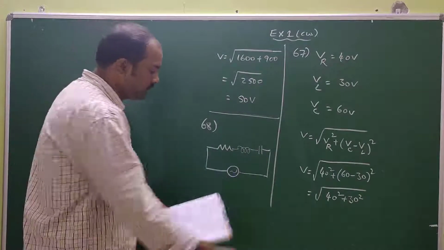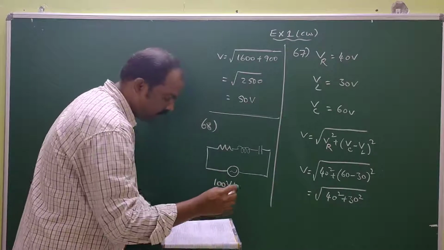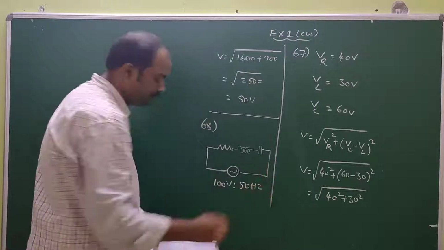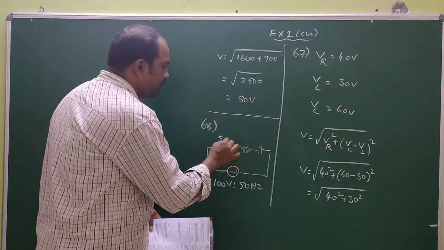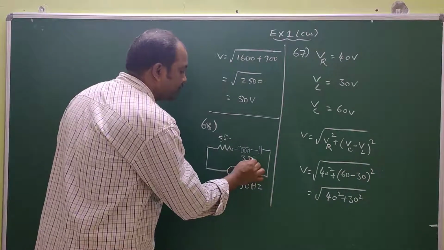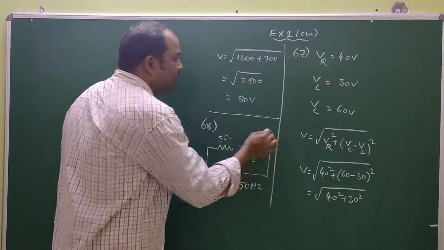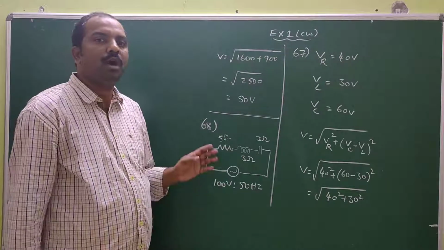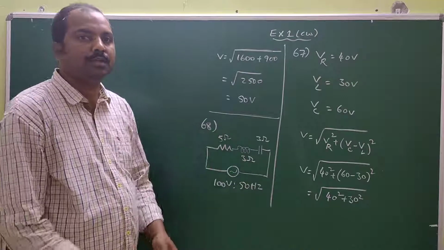They mentioned the applied potential is 100 volt and the frequency of the source is 50 hertz. The resistance is 5 ohm, reactance of inductor 3 ohm and reactance of capacitor also 3 ohm. Now he is asking what is the current that passes through the circuit.